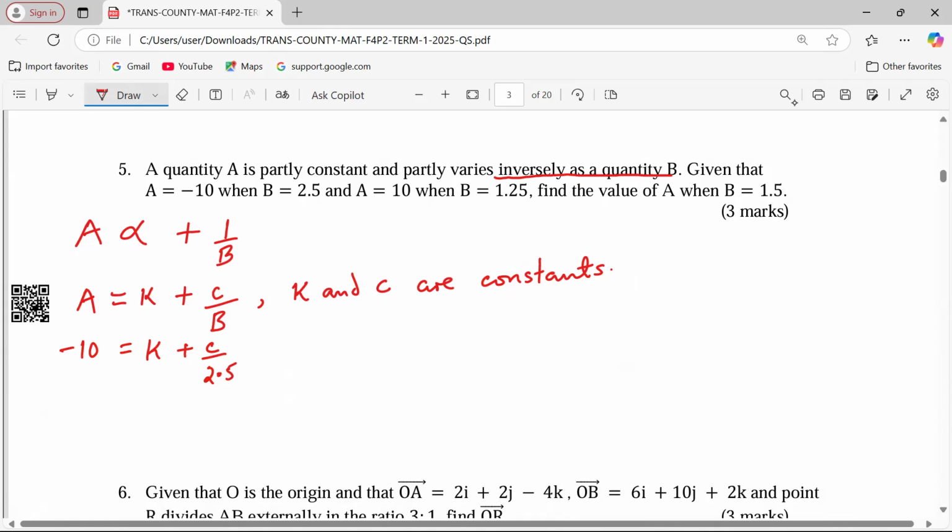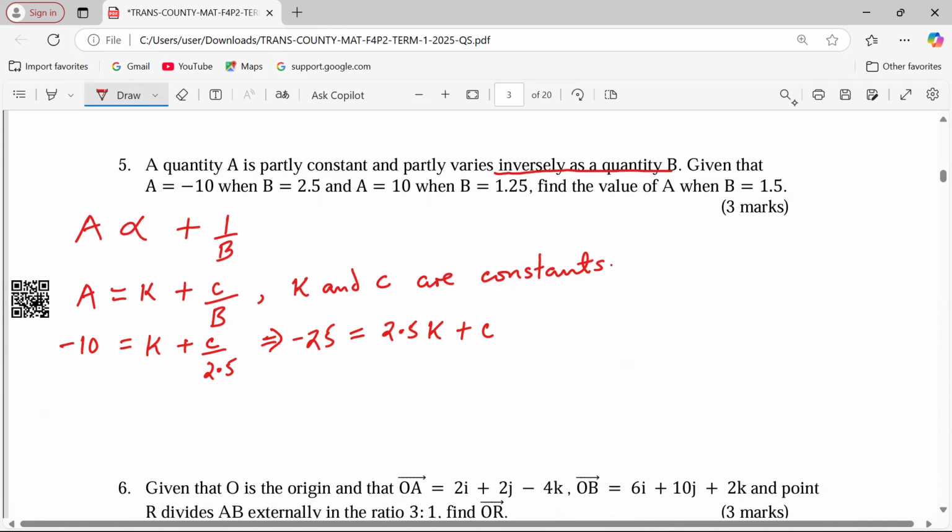That is one equation, but we can simplify it further by doing away with this decimal fraction by multiplying every term by 2.5. It becomes -25 equals 2.5K plus C. That is after multiplying C over 2.5 by 2.5, so the 2.5 will cancel at C.